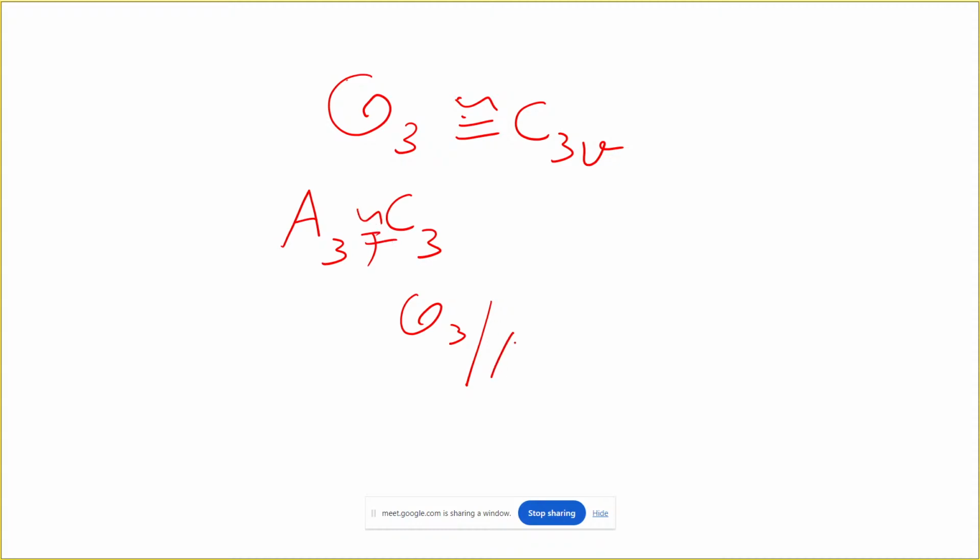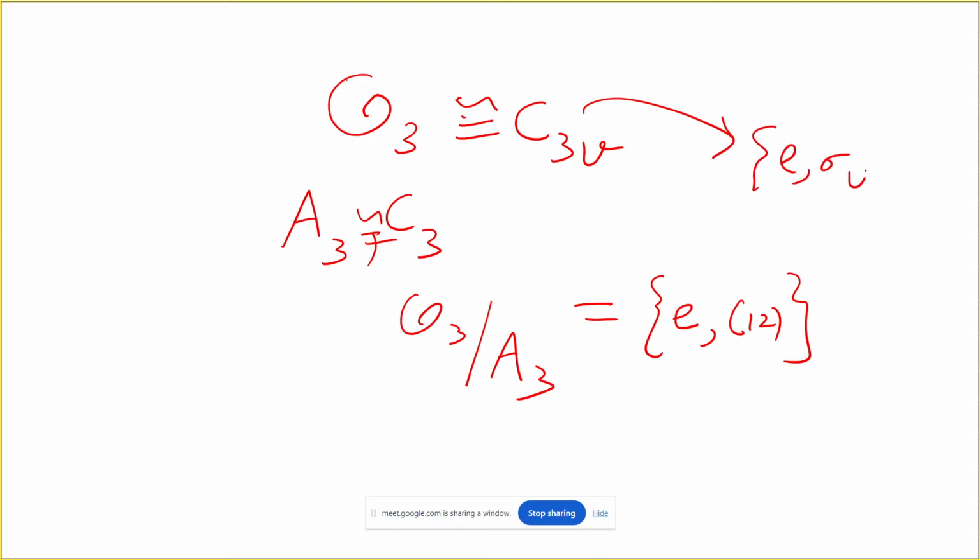And you can define the factor group, and that factor group is just the identity element and a 1-2 element, in the language of transposition. In this context, you can write it as E and sigma. So that will be the factor group. Am I right? Yeah. So any questions on this?